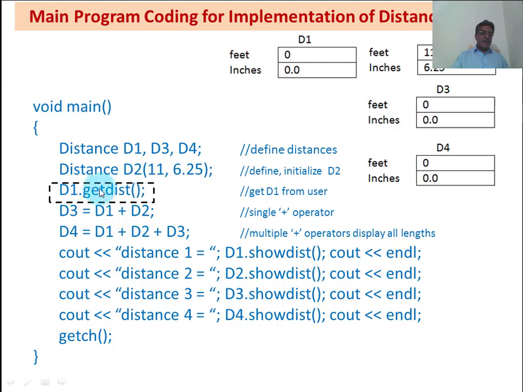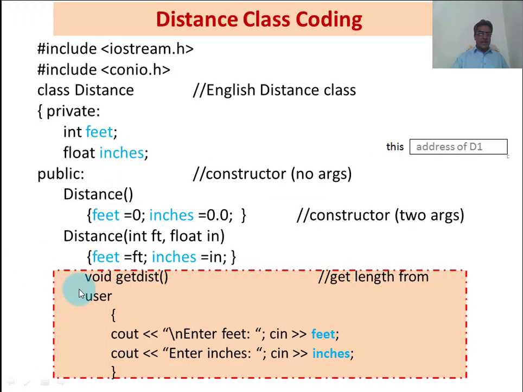Let's see at this stage how d1 calls getDist, and getDist transfers the data into its memory. You may see here this is the getDist function, and d1 is activating this function.